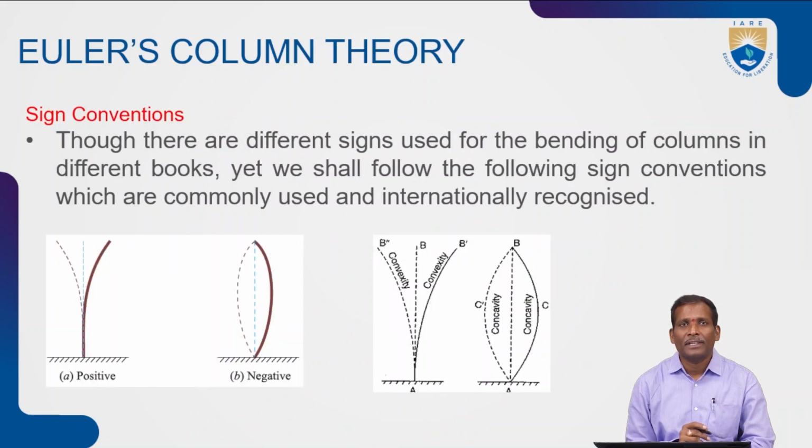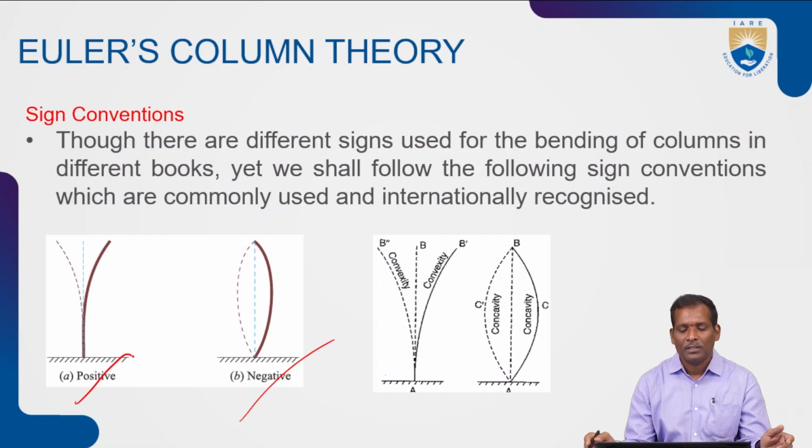Now, the sign conventions are very important. There are different signs used for the bending of columns in different books. But here, we shall follow the following sign conventions, which are commonly used and internationally recognized. Negative sign means concavity.